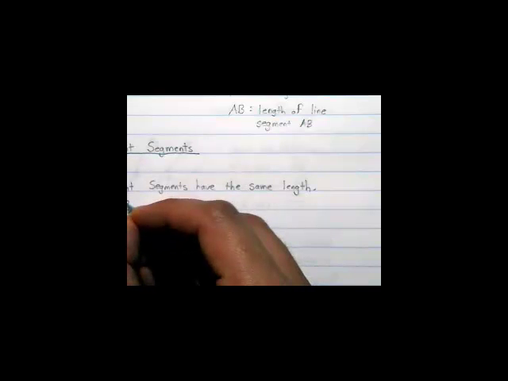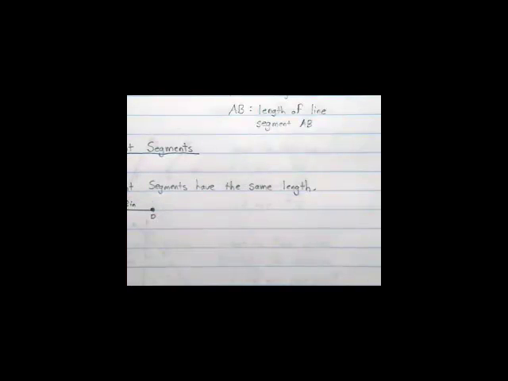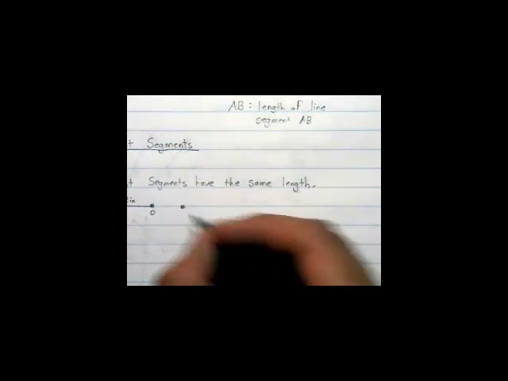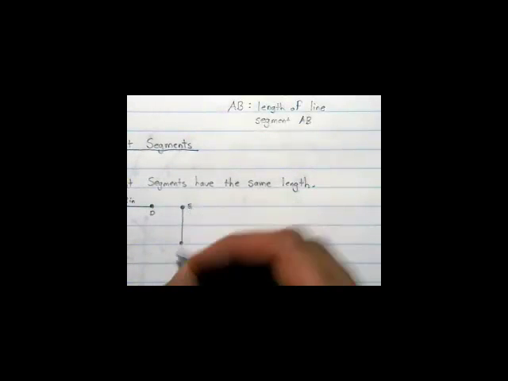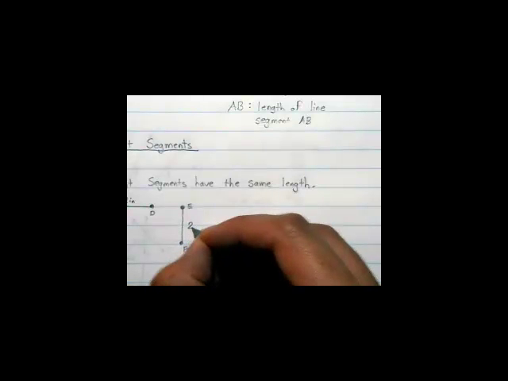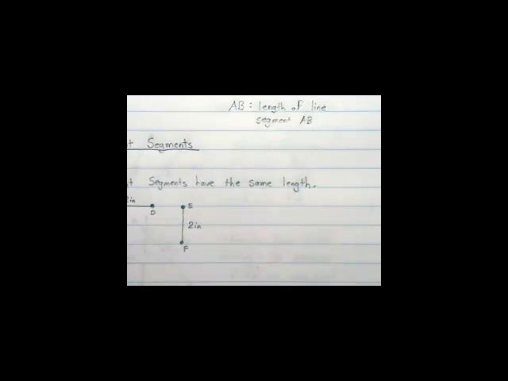Let's say CD, I've measured it, it's 2 inches long. And I've got some other segment over here. EF, I've measured it, it's 2 inches long. So I know that the line segment CD and the line segment EF are congruent line segments, right? They're the same length, they're congruent.